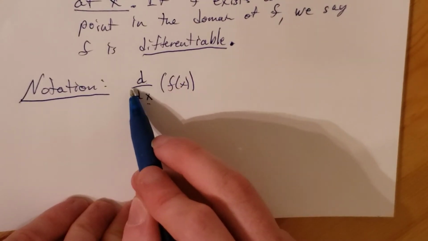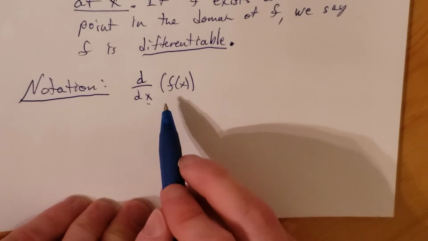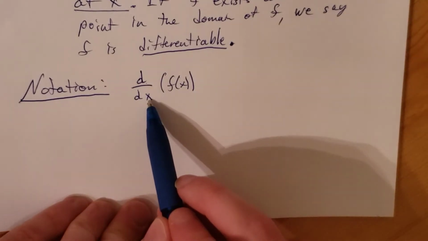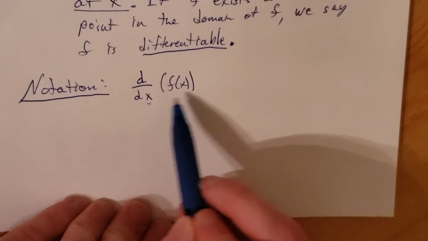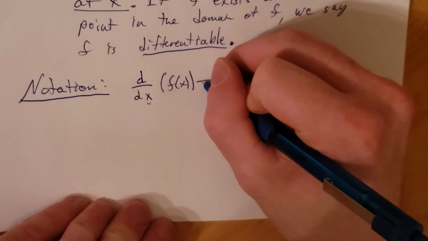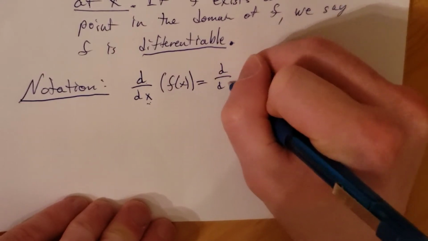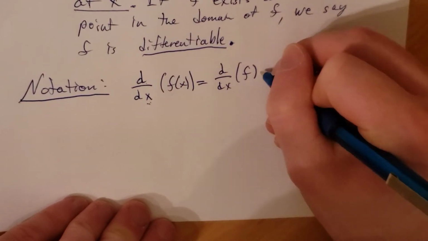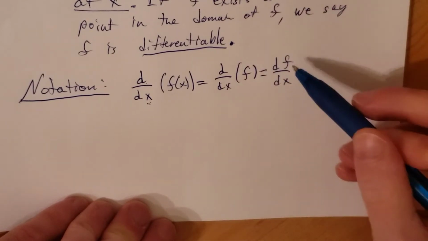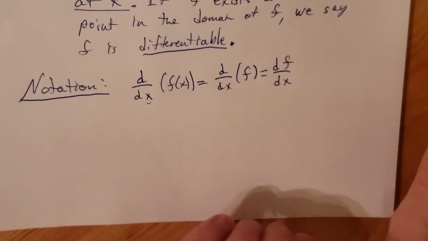We say d over dx here. And again, this means the derivative of a function with respect to x. And in particular, it's the derivative of the function f with respect to x. We might see the shorthand d dx of f or df dx. Most often, you will see something like df dx.